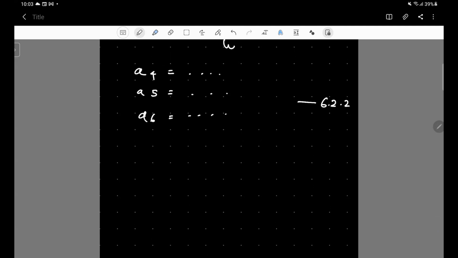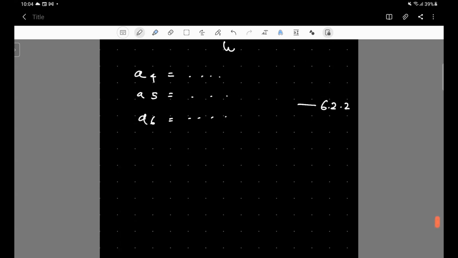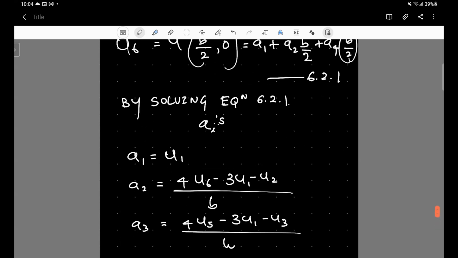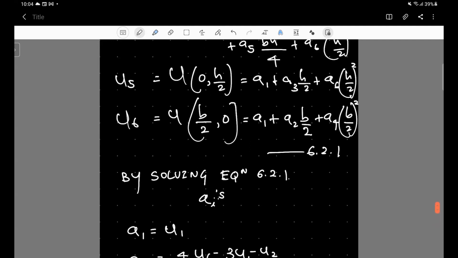Okay. So once you have the values for the coefficients from a1 to a6, now you can substitute them in the first equation, that is 6.1.2.